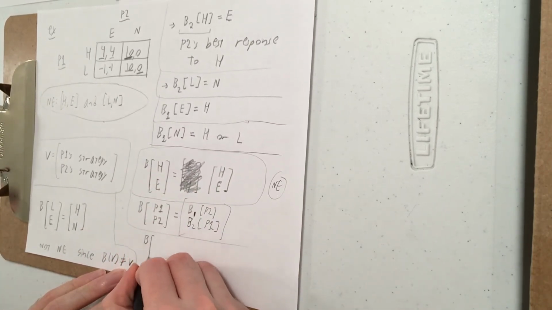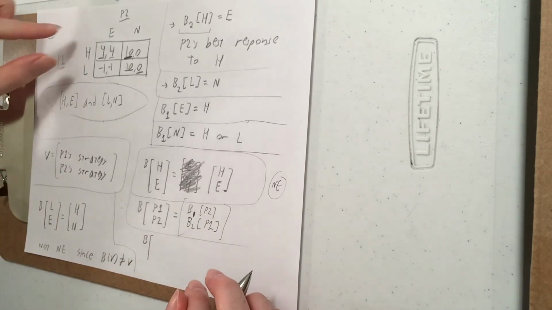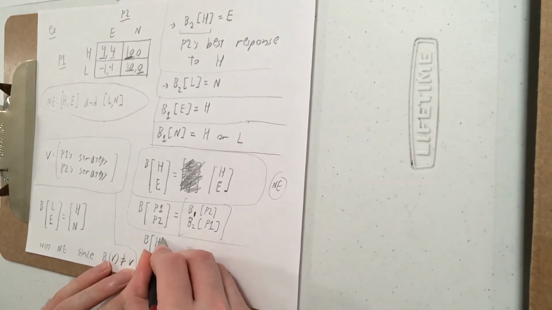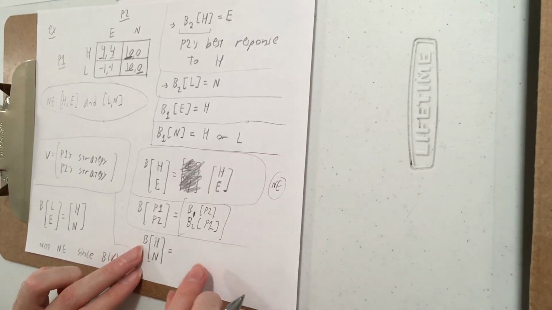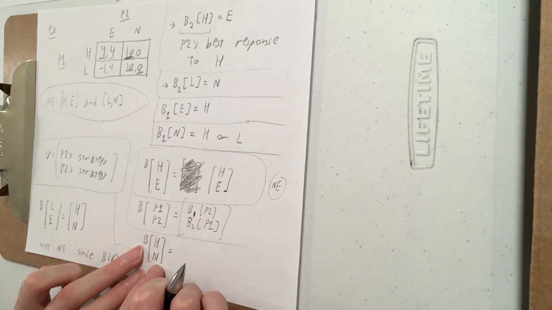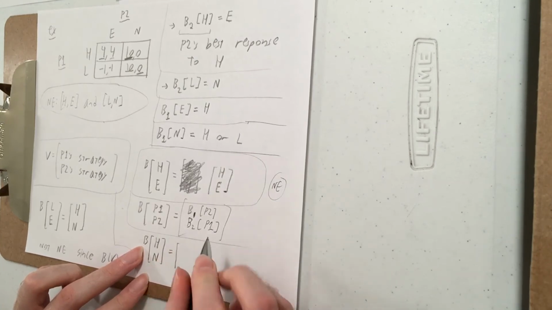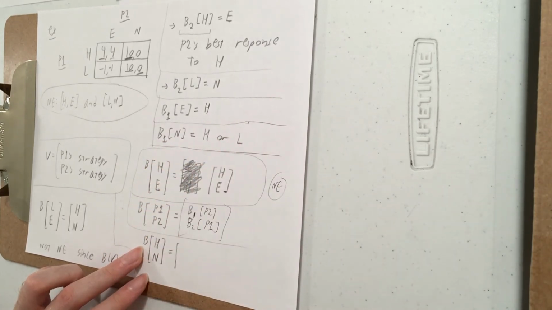Okay, another one. I did HE already, and I did LE. So I've done these two. Let's do HN. I have to do player 1's best response to player 2's strategy, which is N. Player 1's best response to N could be H or it could be L. They're both equally good.